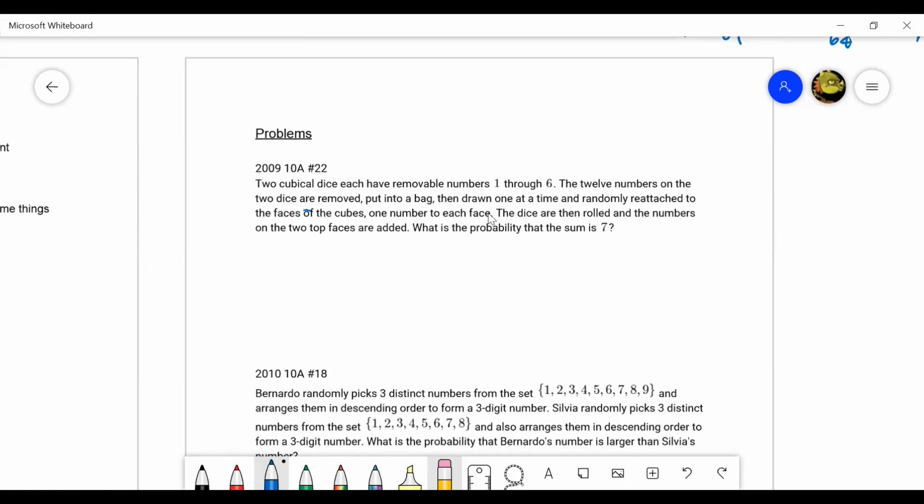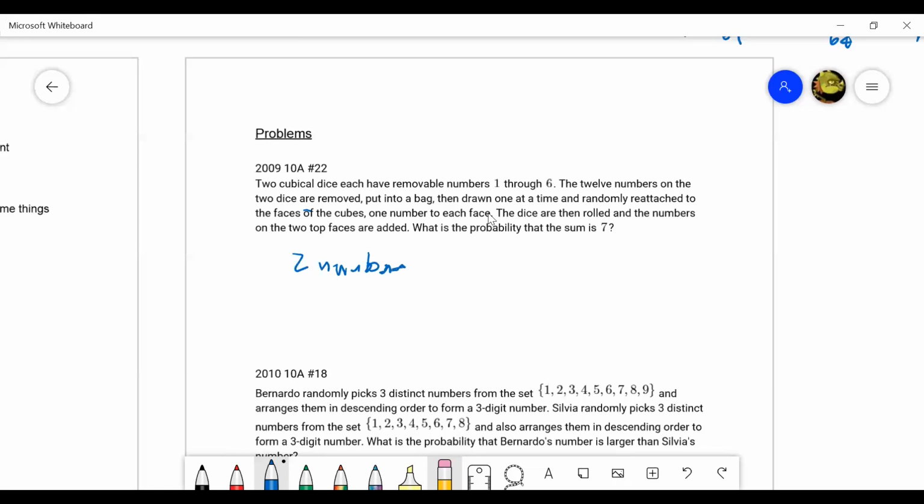So you can assume that this face of the die will always be face up no matter what I roll, and whatever number ends up getting attached to that face when you pull them out of the bag is what you end up rolling. So this takes the 2 dice out of the equation and just makes it pulling 2 numbers out of the bag. That's the logic step of this problem.